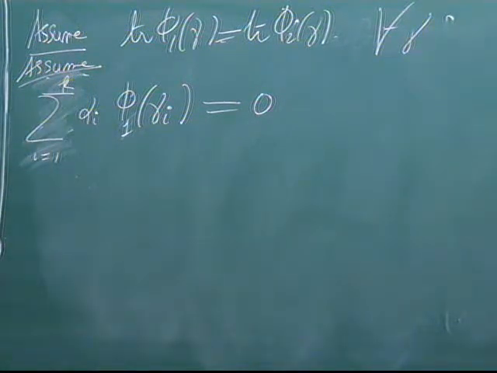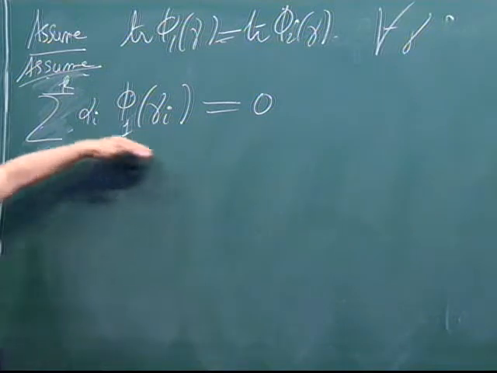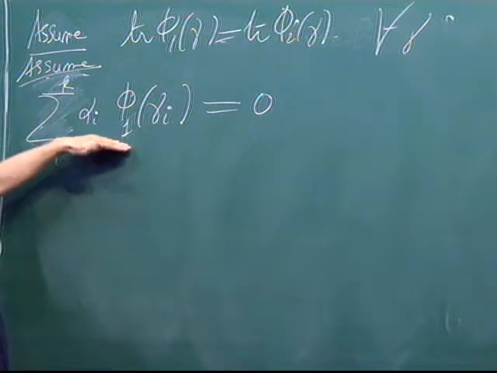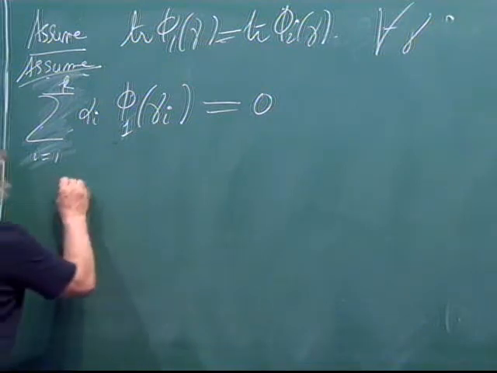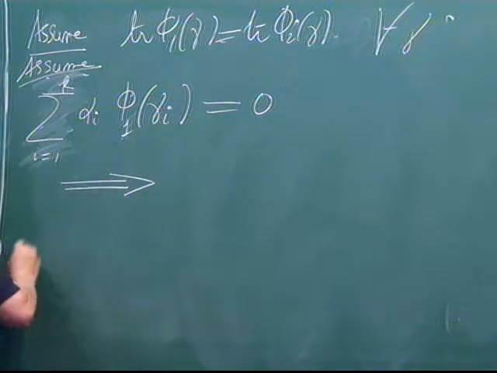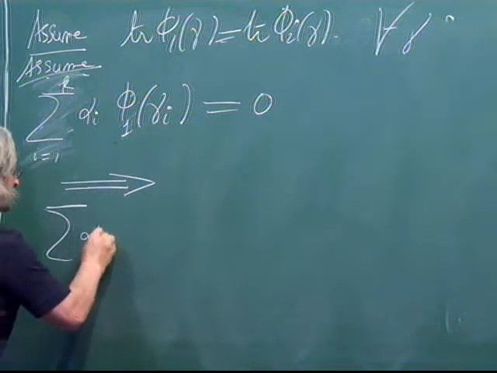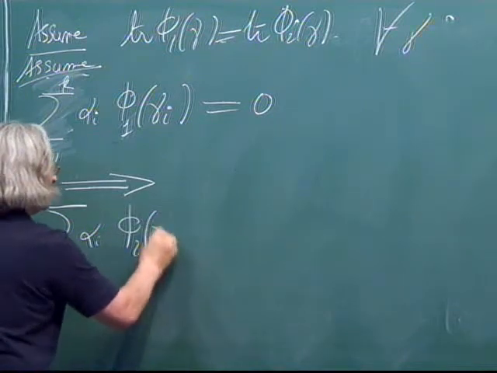Suppose you take a certain number of elements in your group, gamma 1, gamma 2, up to gamma k, take their images by the first representation, and take some linear combination. And suppose it's 0. I claim that this implies that the same relation holds for the second linear representation.